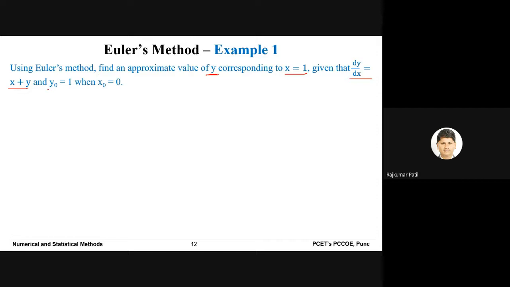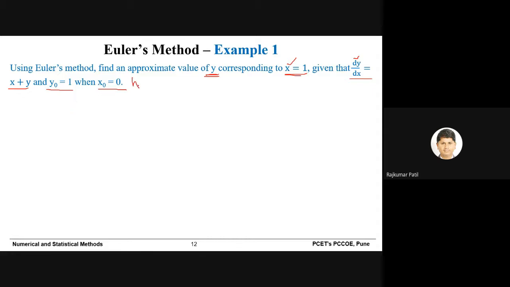And the initial conditions are given, y naught equal to 1 and x naught equal to 0. So here in this problem, dy by dx, that is f of xy, is given to you, x naught, y naught given to you, and x for which y is needed is given to you. So x is also known to you, but in this problem the value of h is not given to you.